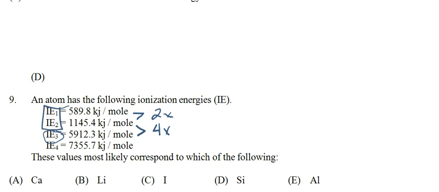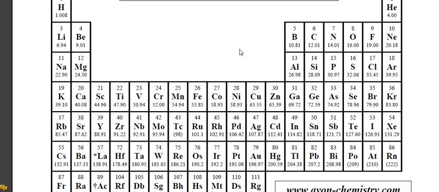What that's saying is, as I look at my periodic table, I'm looking at something that's in this group right here. Anything that's in group 2, or the second column, is a viable choice. So I can remove 1 electron, 2 electrons. If I try to remove that third one, I'm pulling it from the core. What is the core? If I'm looking at, say, calcium, the core electrons are all the electrons in the rows above.